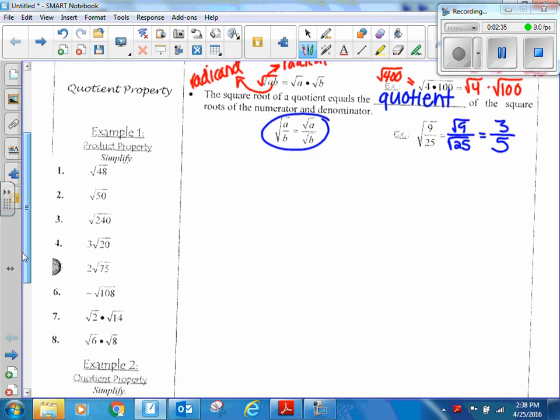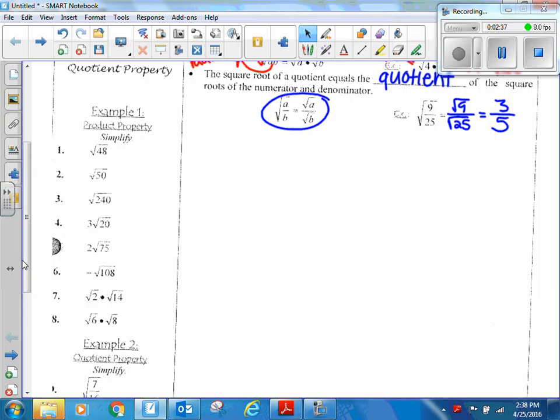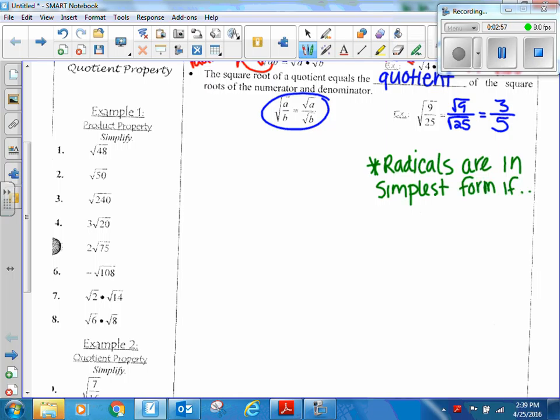A couple things. First, we talk about these radicals being in simplest form, so I want to let you know what I expect. They're in simplest form if a couple things happen.